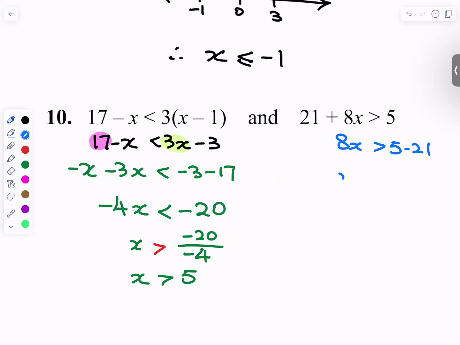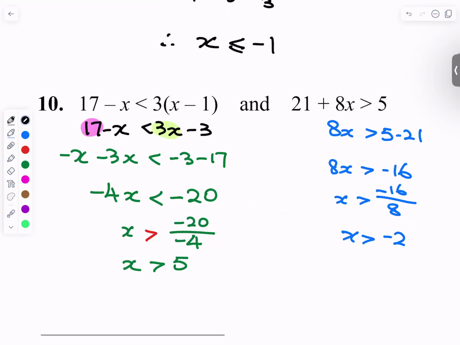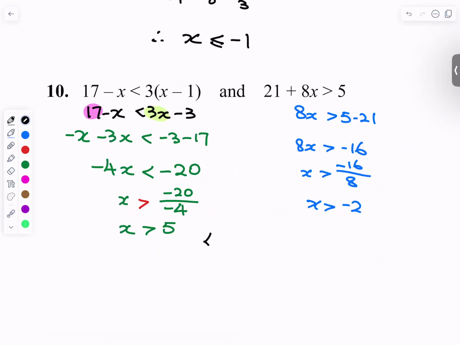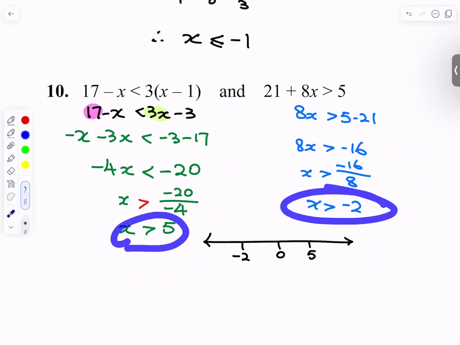You usually will be getting fractions. After finding the 2 answers, you do the drawing. So x greater than 5, x greater than -2.